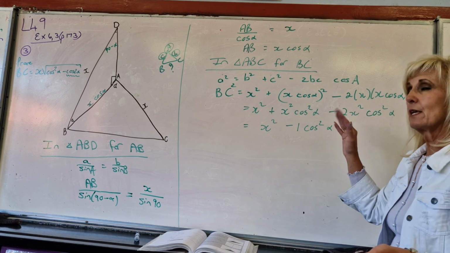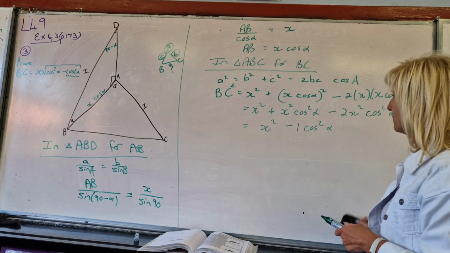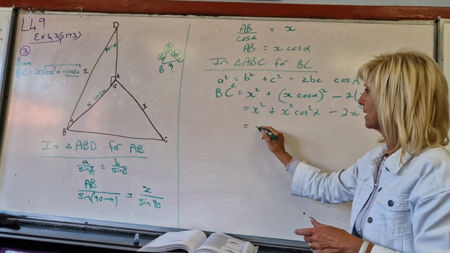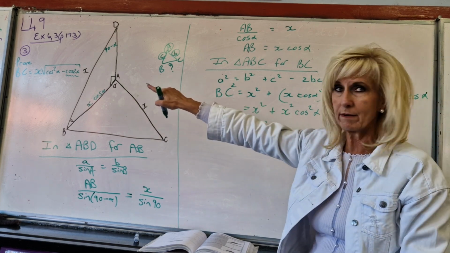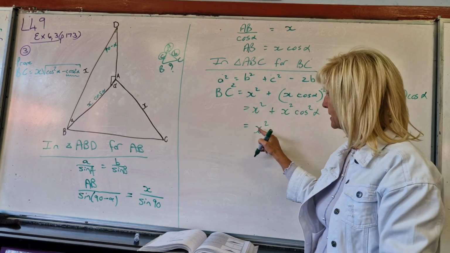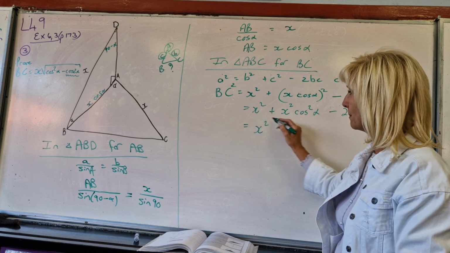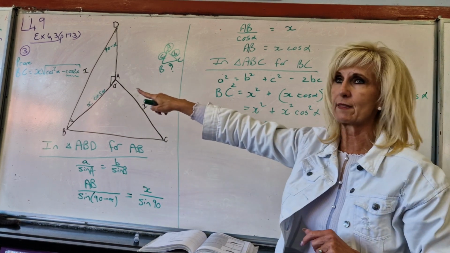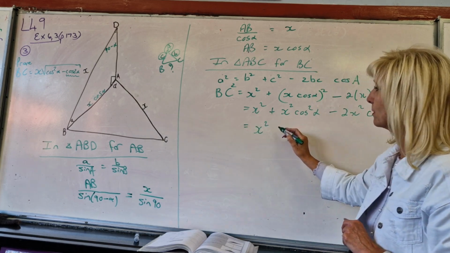Okay? So the easiest way of doing it would have been to say, let's take out a common x squared. Why? Because I'm aiming for the prize. And if I take out the x squared, when I do the square root it's going to come out and be the x that they're asking me for. So I'm taking out an x squared.